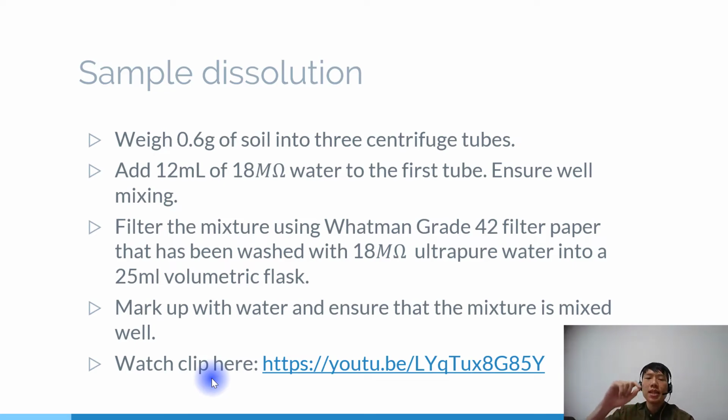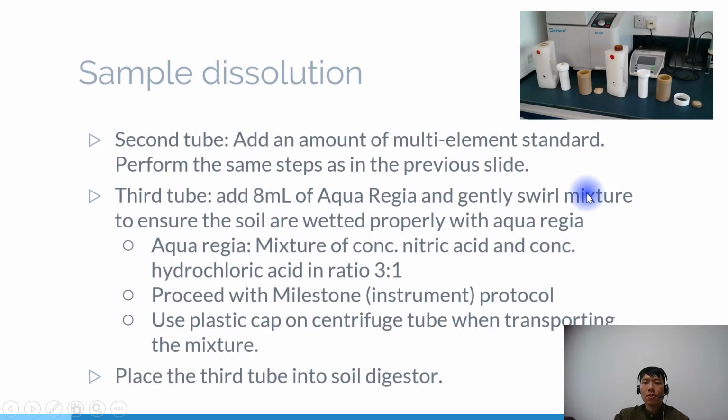Let me mark up the water level, right, how you did your analytical experiment, and ensure that the mixture is mixed well. Okay, so you can watch the detailed clip over here. Hopefully, as I explained to you, you can get a picture, jot down, and link it back to your prior experiences and knowledge, what you have seen in the lab.